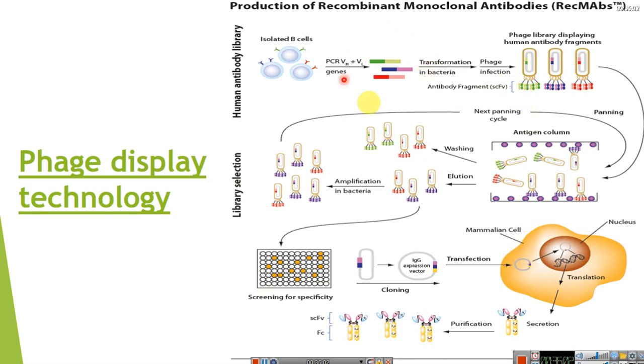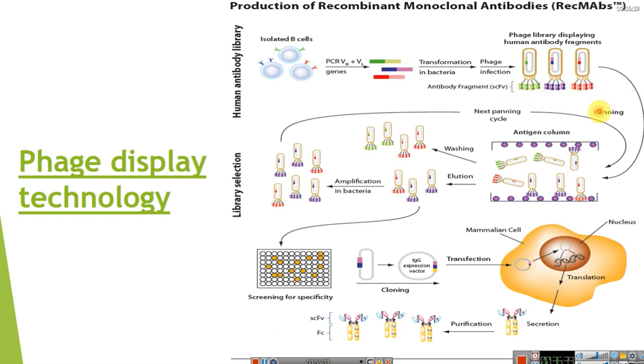The whole antibody gene can be PCR amplified and transfected into the bacteria, and then phage infection is carried out, and a complete set of phages, a phage library, expresses the different genes, or BCR genes, as a fusion protein on their surface.